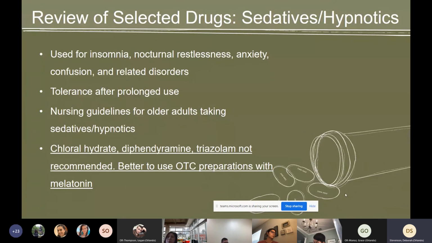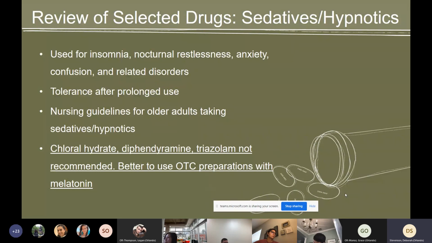There's a few here. We should not give our patients diphenhydramine and chloral hydrate. There's some that we just don't want to give. All right. Melatonin, actually, your book does suggest using melatonin, which you could purchase over the counter as well.